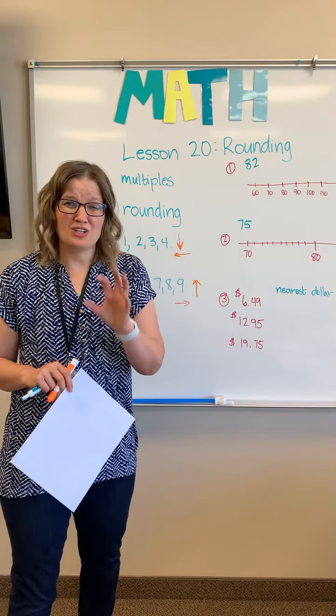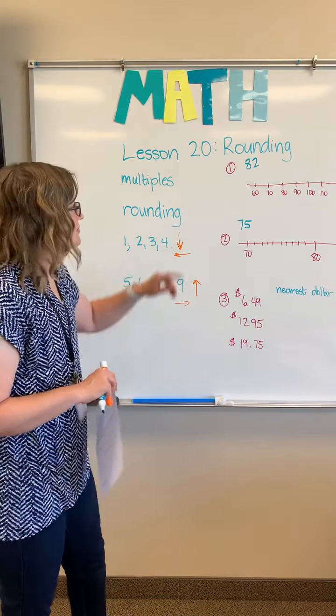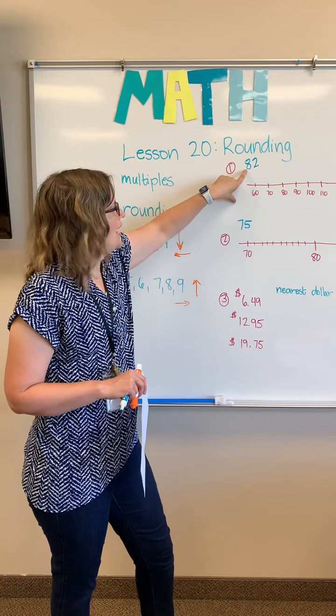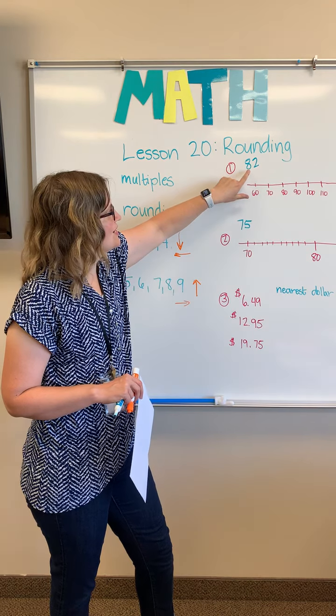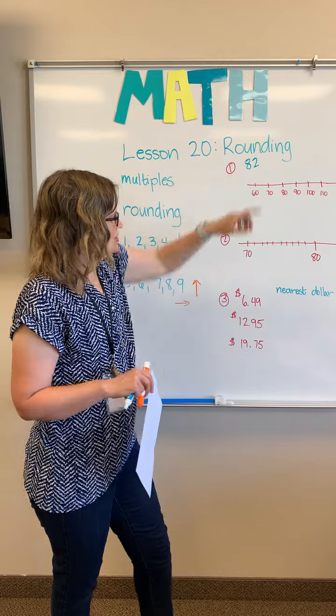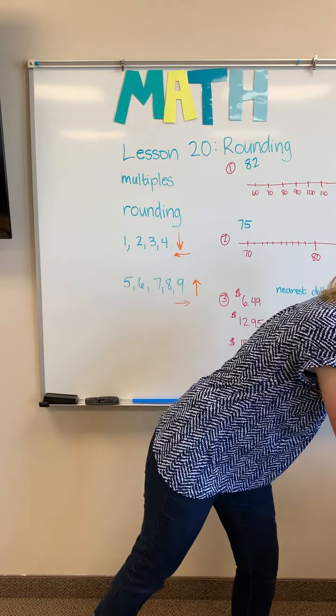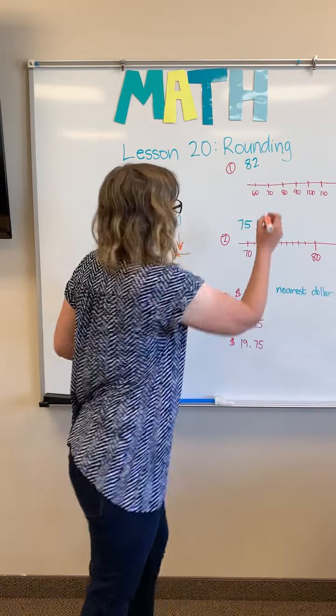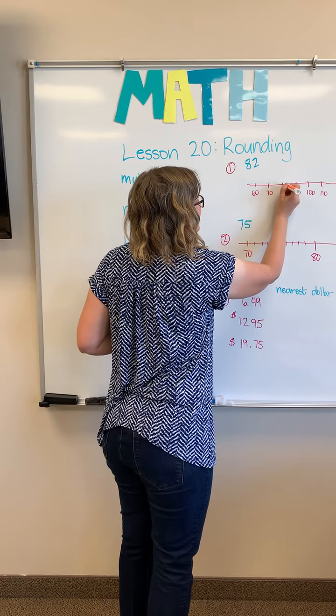Let's look at what we're talking about and try it out. Our first number here is the number 82, and they want us to round it to the nearest tenth, the nearest 10. So I'm going to put where 82 would be found on our number line, and it's right about here.